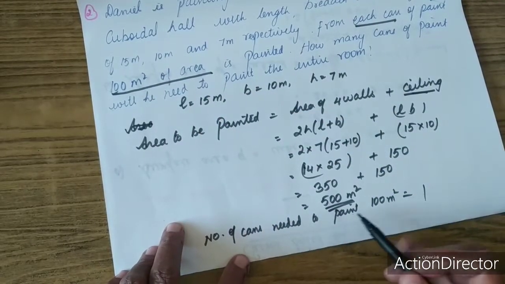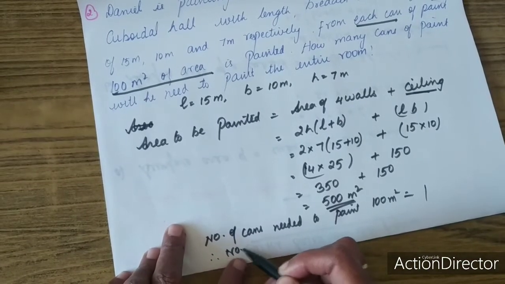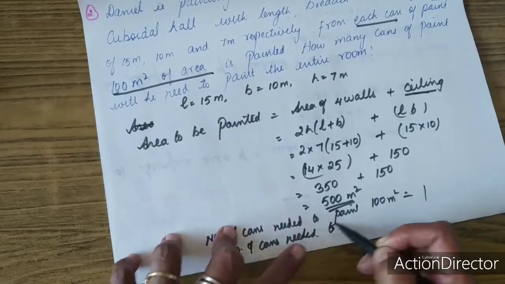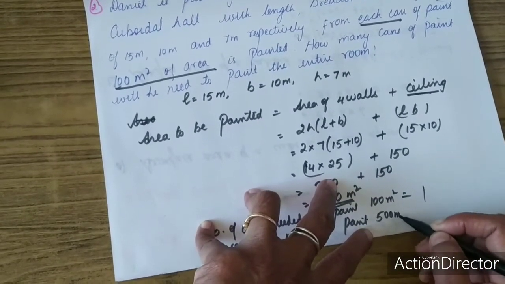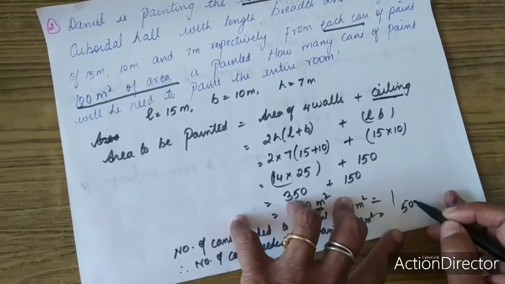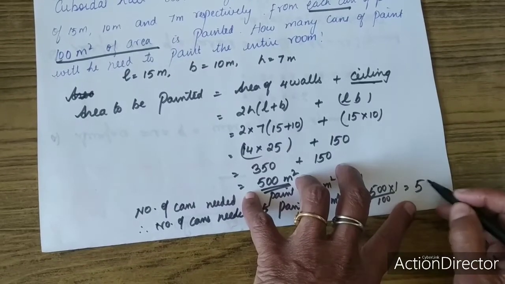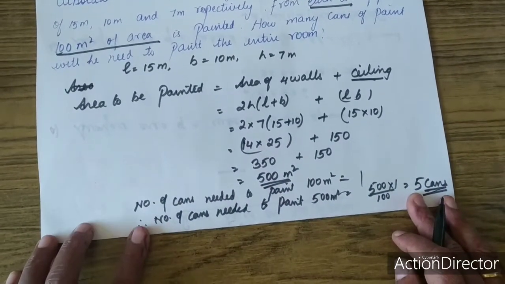So number of cans needed to paint 100 meters square is equal to 1. Therefore number of cans needed to paint 500 meters square is equal to 500 into 1 upon 100, which is equal to 5 cans. This is the unitary method sum. So easily you can do it.